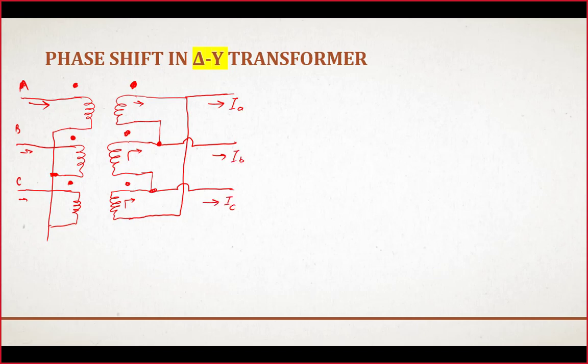So, the second way to draw the delta: let's suppose the first winding is in Y. I will only draw the second winding just to save time.